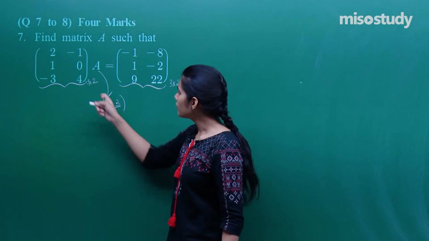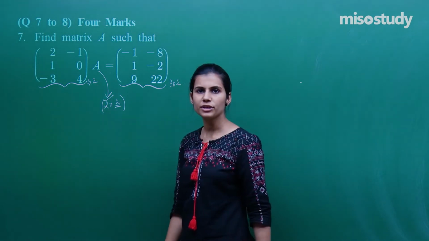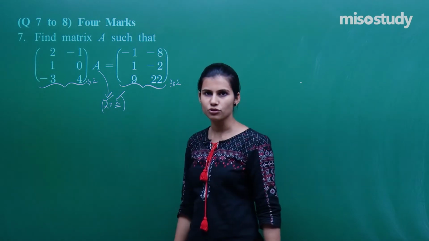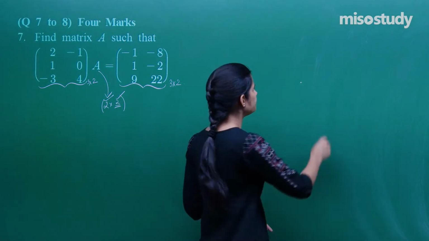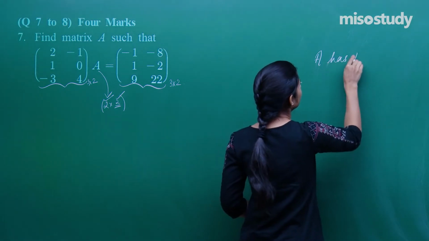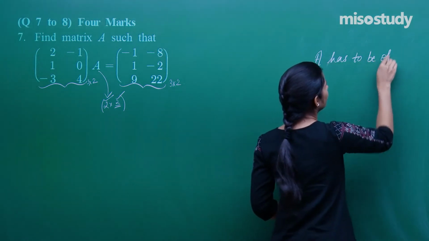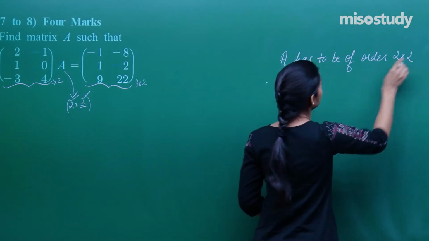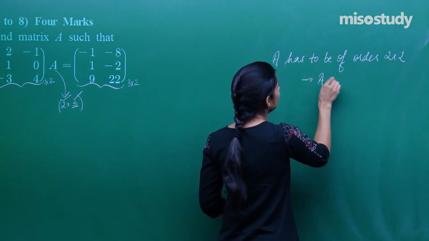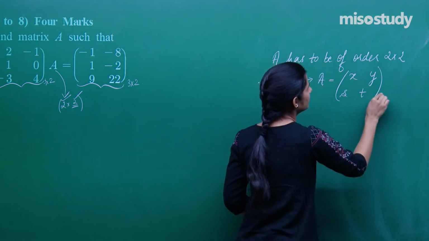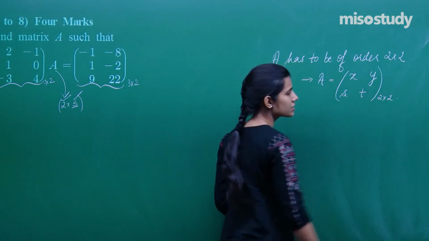So for it to be conformable, I need this first entry to be 2, and for it to result in a 3 cross 2 matrix, I need the second entry to be 2. So therefore, A has to be of order 2 cross 2, which implies, let me keep A as X, Y, S, T, a random 2 cross 2 matrix.